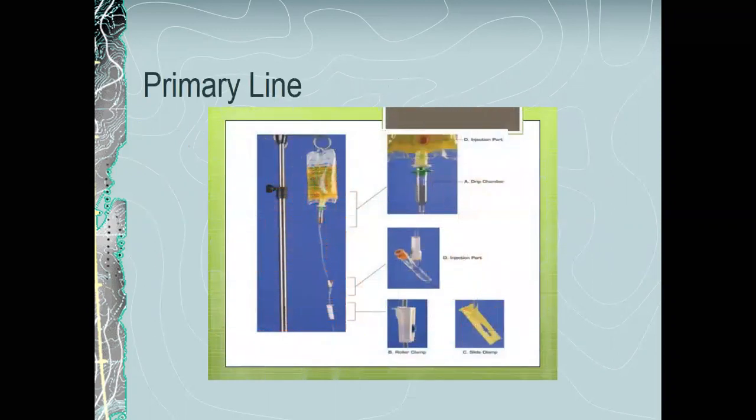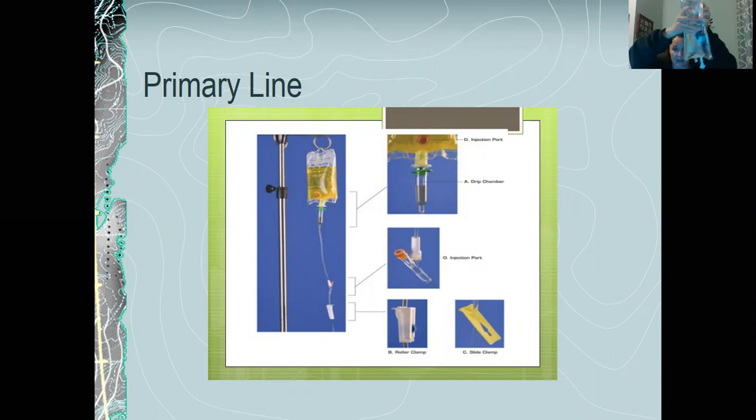All right, so your primary IV line, we talked about this. You may have an injection port in that primary IV bag. With these bags of fluid, at the bottom you've got two things.